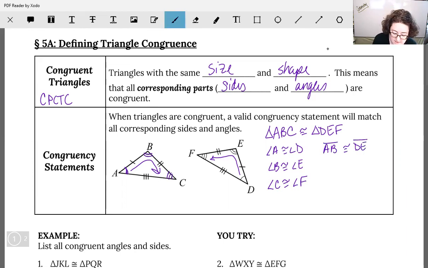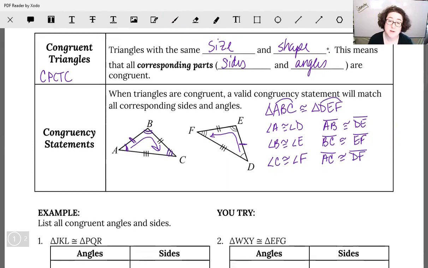They also have exactly the same number of dash marks on them on the diagram to show that they're congruent. So we could also say side BC is congruent to side EF, and side AC or CA, it doesn't matter what order. But we do need to make sure we go in the same order in the name. So if I go A to C, I need to go D to F.